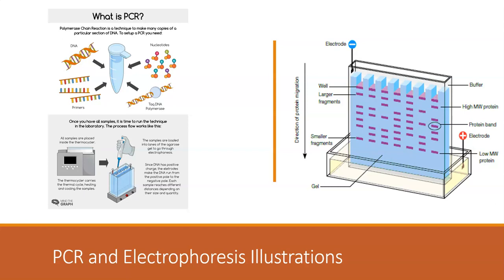It's relatively thick, whereas the really small fragments, boom, they just zip on down to the bottom. So we run a known, where we know what the different fragment types are. And then that is compared to our results, and we can then identify whether or not the target that we're looking for is present. Really cool procedure.